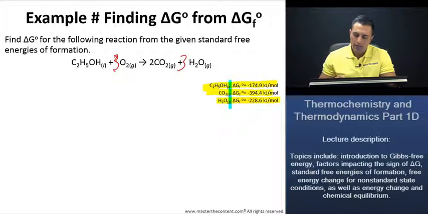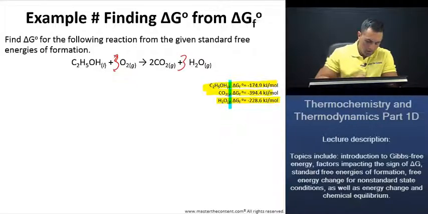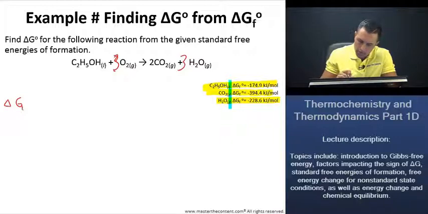Wonderful. Now the next thing that we can do is we can go ahead and write down the equation that we had just learned on our previous slide to find the standard free energy change from the standard free energies of formation as such. Great. There we are.